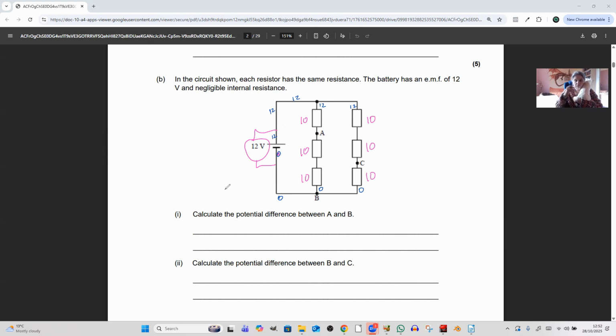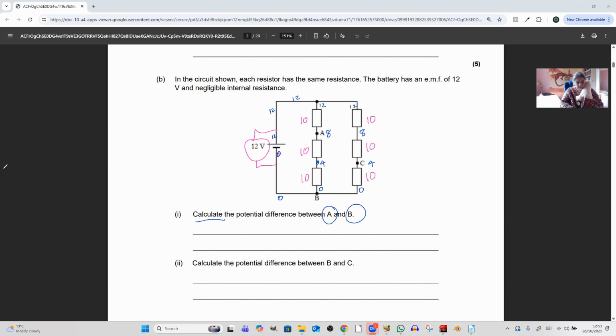We've got our 12 volts divided by 3, haven't we? 12 divided by 3 into 3 equal parts is what? 12 divided by 3 gives us 4. So this point here is going to be at 4. C is going to be at 4. What's A going to be at? 8. Good. 8.